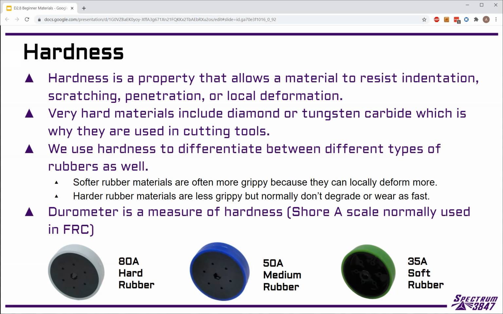And a harder rubber will be less grippy. If you put it on the table, it's going to be easier to slide a harder rubber across the table than a softer rubber. But the harder rubber, just like the cutting tools like the diamond or the tungsten carbide, is going to be harder to have any bits of the rubber peel off or break away.